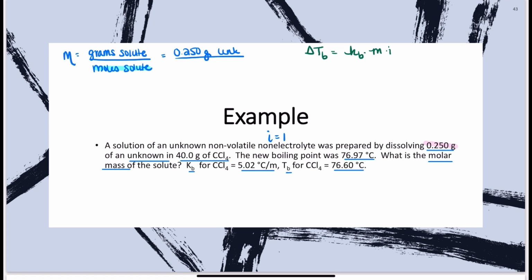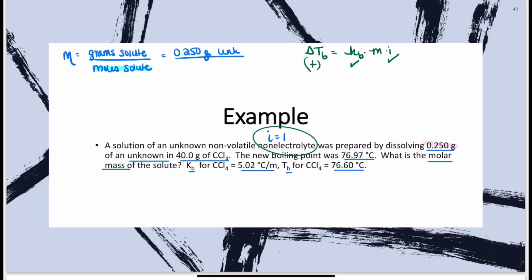But if you forget, that's okay. Just make sure you get a positive number here. For freezing point and boiling point, you need that value to be positive because molality will be a positive value. It will be some kind of concentration. The Kb value is given. The i value is given because we'll talk about it more in just a bit. But I told you guys, if you have a non-electrolyte, your i value is equal to 1.